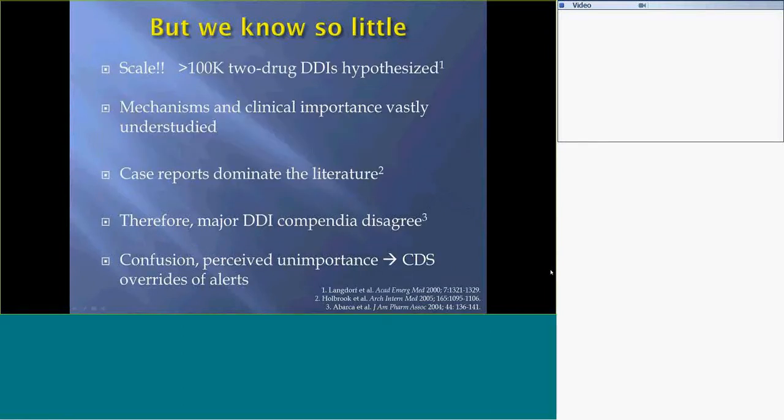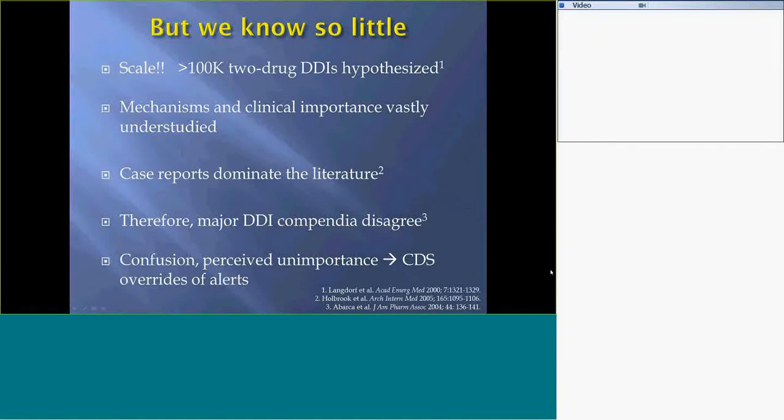But despite the importance, we know incredibly little on drug-drug interactions. And probably the issue here is scale. At least according to some estimates, there are over 100,000 two-drug DDIs or drug-drug interaction pairs that have been hypothesized. And the mechanisms of those DDIs and the clinical importance of them has been vastly understudied. So not surprisingly, case reports have dominated the literature.